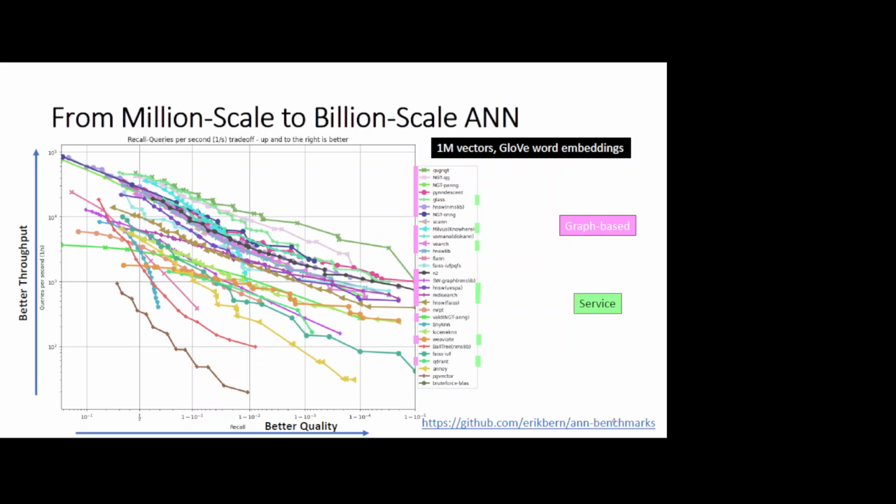The unit they use is queries per second. It means how many queries you can process in a second. So if it is at the upper level, your speed is very fast. For example, here it's 10 to the 5th, so you can process about 10,000 queries per second. So if your curve is to the top right, it means your performance is very good.